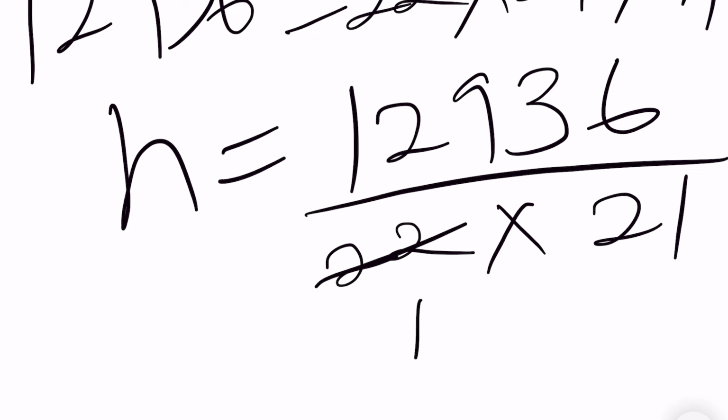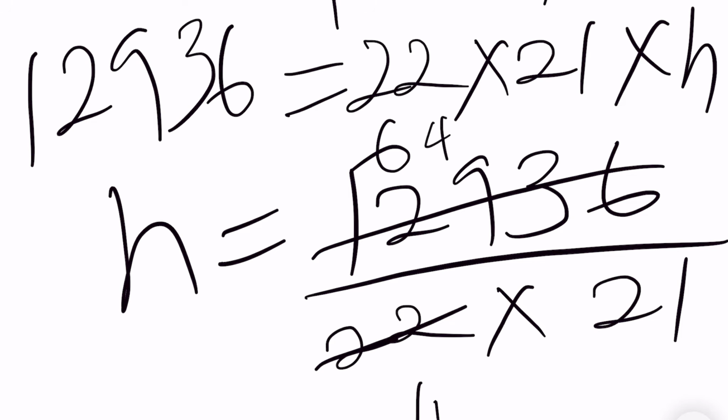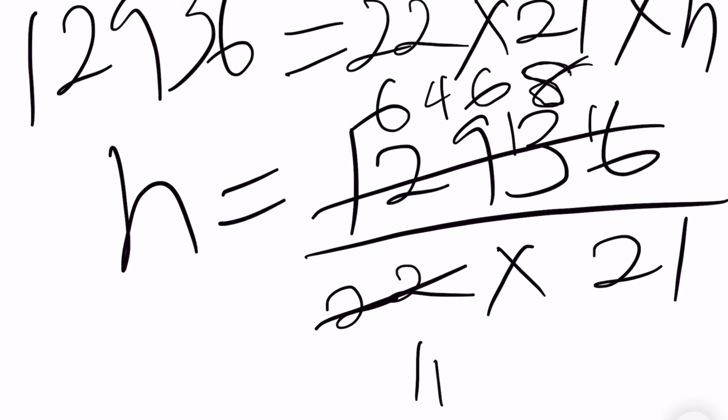So we have 2 here to be 11, 2 here is 6, 2 here is 4, that here to be 6, in 16 we have it to be 8. So now, what can go? 3 can go, where we have 3 here to be 7, we have here to be 2, we have here to be 1.